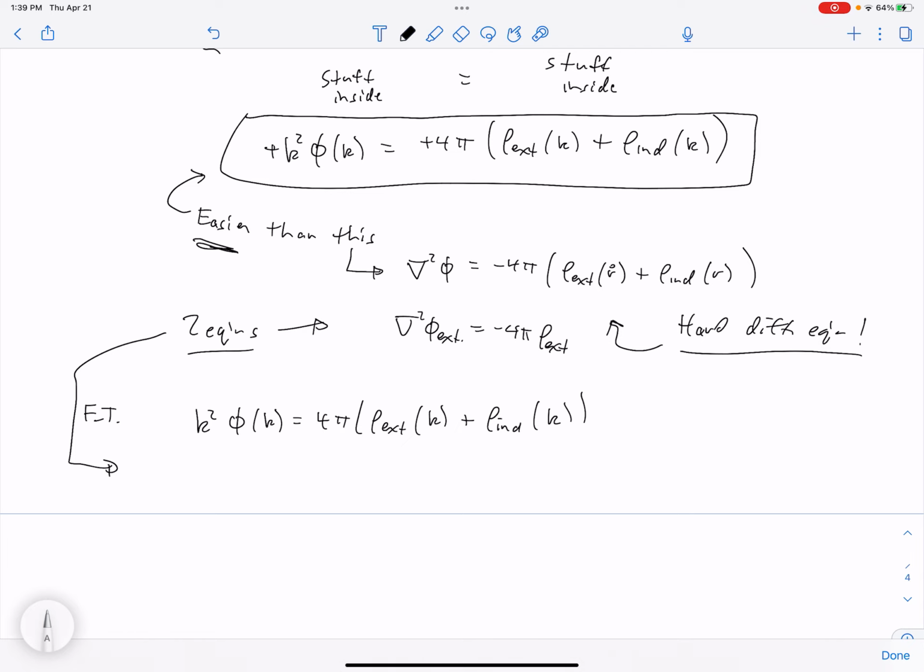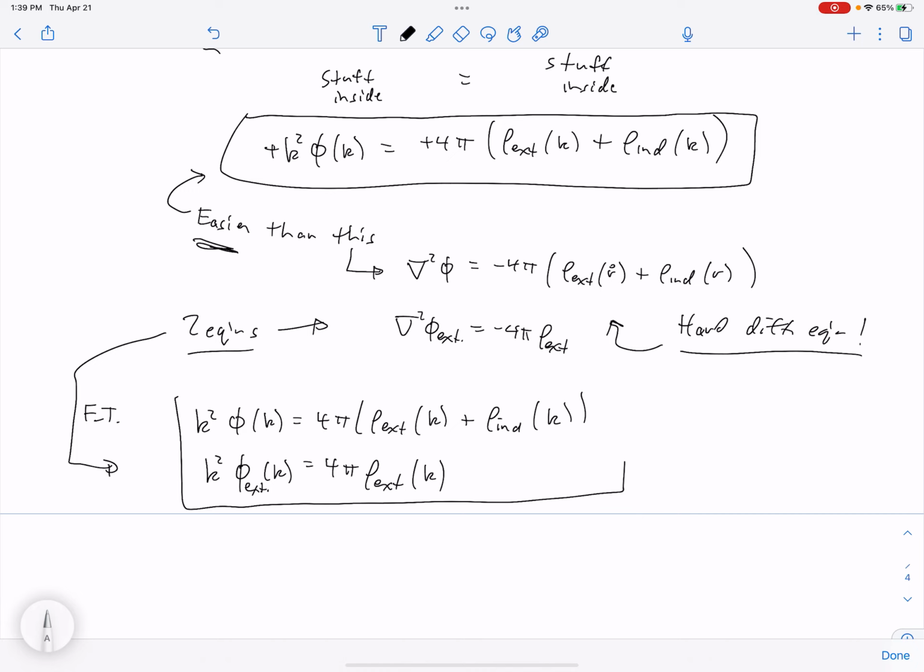And similarly, the other equation becomes k squared times phi external of k is equal to 4 pi rho external of k. And so these then become our two important equations.